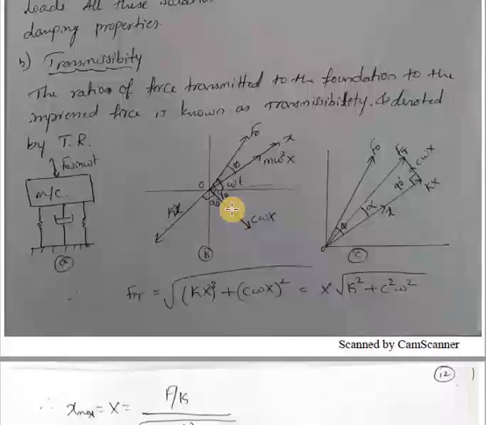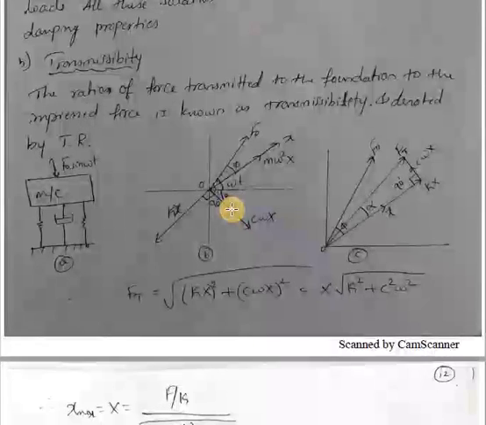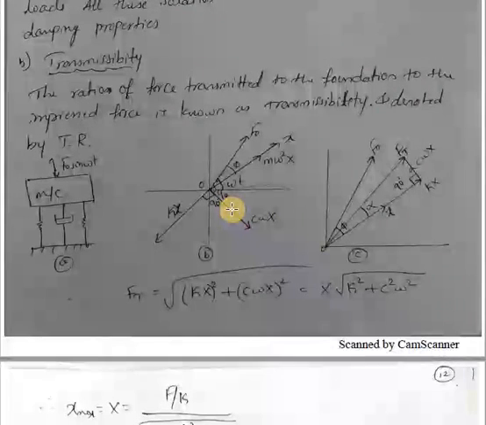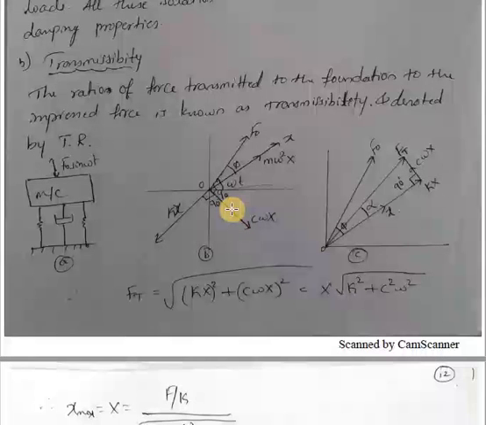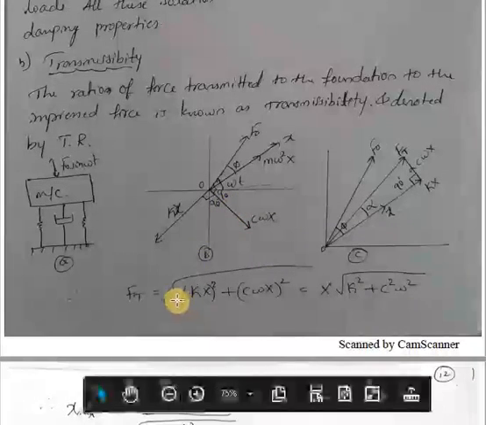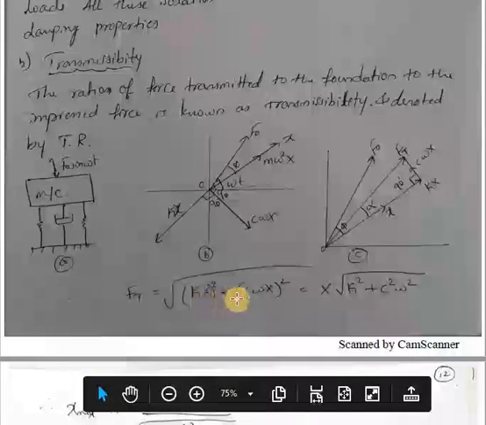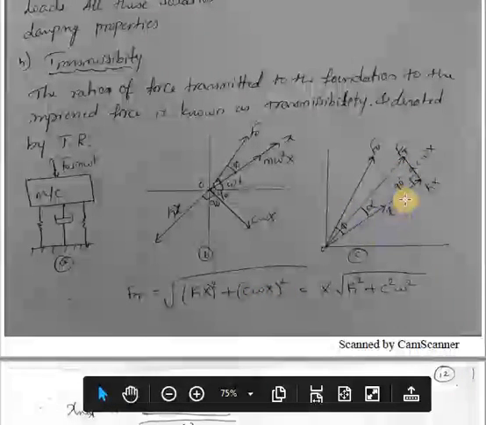Therefore, the force transmitted to the foundation is the vector sum of these two forces, the spring force and damping force, and it acts in the direction opposite to the mass. So the force transmitted to the foundation, Ft, can be written as the square root of (kx) square plus (c omega x) square, from this vector diagram.